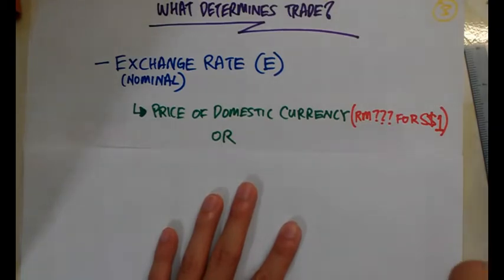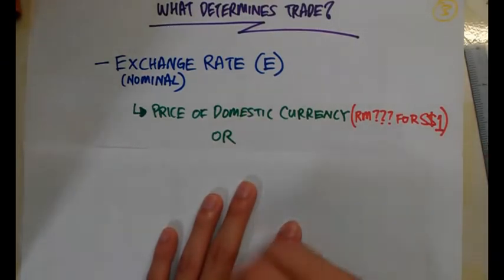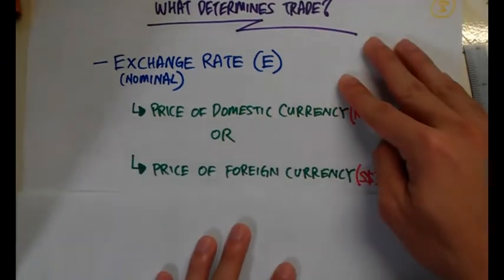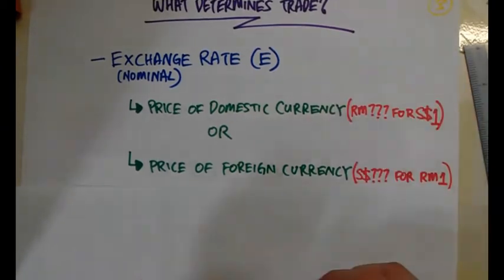We can either quote it in terms of the price of one domestic currency, that means how much ringgit I have to pay in order to get one Singapore dollar. That is the first way. And the second way is in terms of the price of one foreign currency: how many Singapore dollars do I have to exchange to get one Malaysian ringgit?